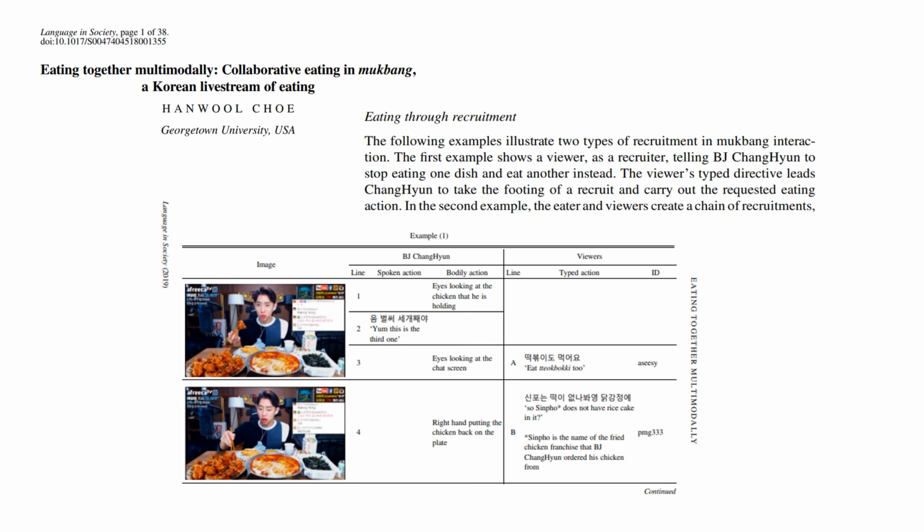And this is happening simultaneously, or synchronously. The data shown on this slide looks at two types of recruitment, where the viewer recruits an action from the person hosting the mukbang, and the ways in which the viewers get the host to actually eat particular types of food.